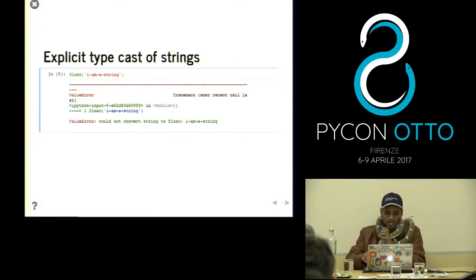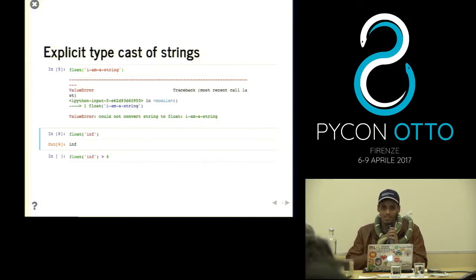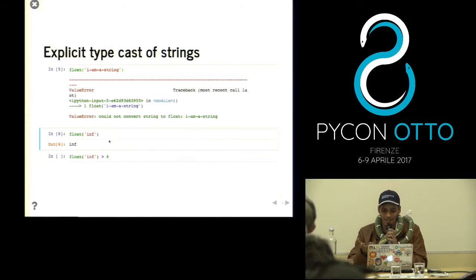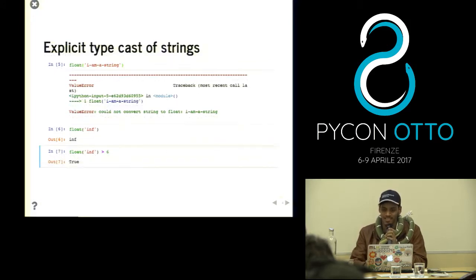Definitely an error. But in Python, there are some strings, let's say INF. When you try to typecast INF, you feel something like this. Why is this happening? And if this is true, you can do something like this. Is infinity greater than 6? Definitely. But don't try to use these kinds of things in your code, because it makes a lot of problems for other developers to read it.